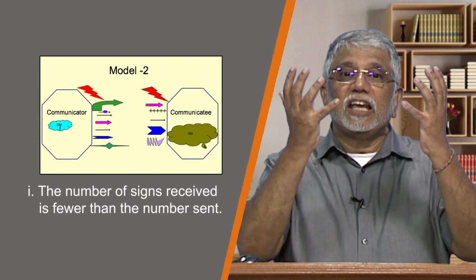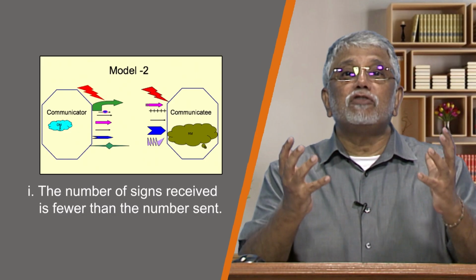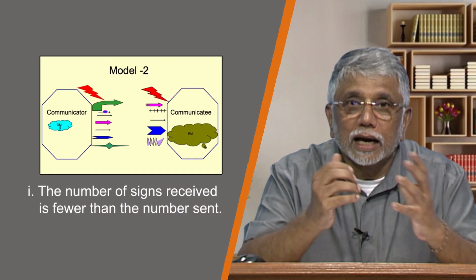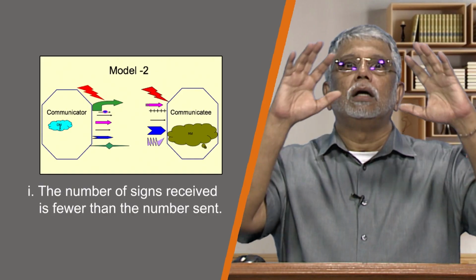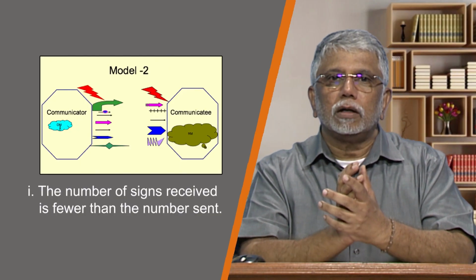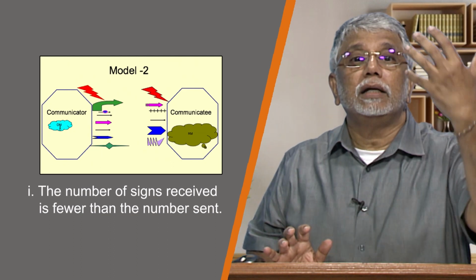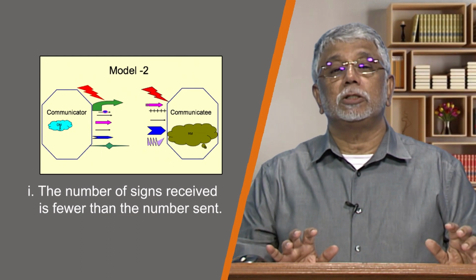So, if the communicatee receives only 6 signs, her decoding is based on those 6 signs. It doesn't matter how many signs the communicator had originally transmitted.